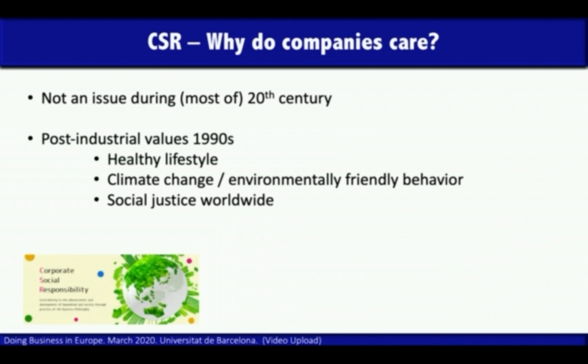So when the welfare state was fully developed, societies started to press on environmental issues, social justice across the globe, and things like this. And this is when the public became really aware of these things and cared about them, when the companies felt the pressure to also act in this sense.